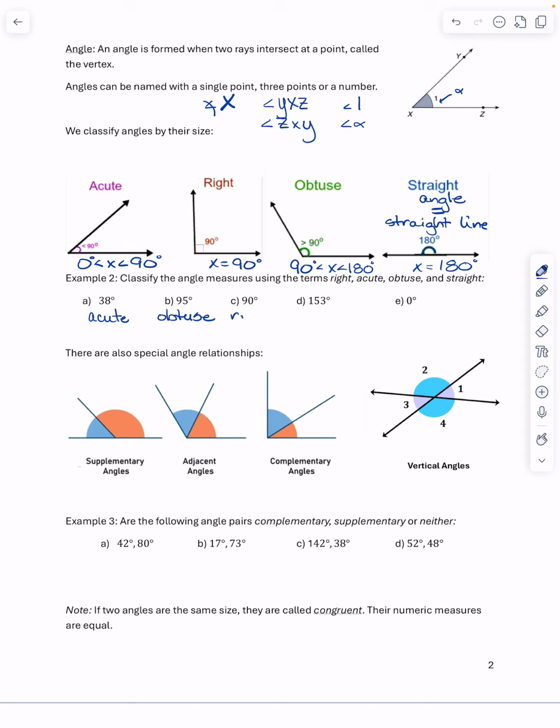If it equals 90, it's a right angle. Again, D is 153, between 90 and 180, that's obtuse. And 0 degrees, I put this in here, this is actually not an angle. There's got to be some sort of opening between those two rays.